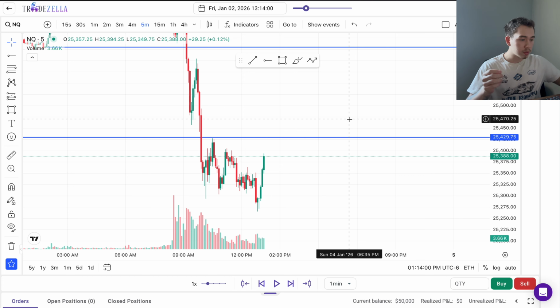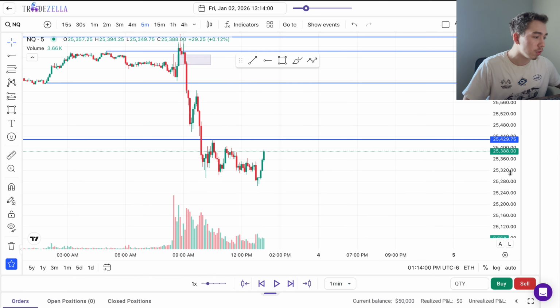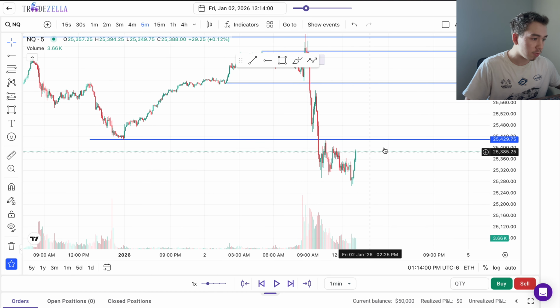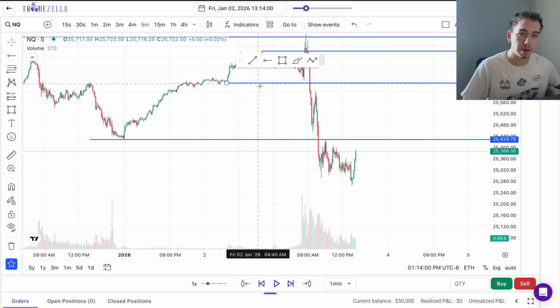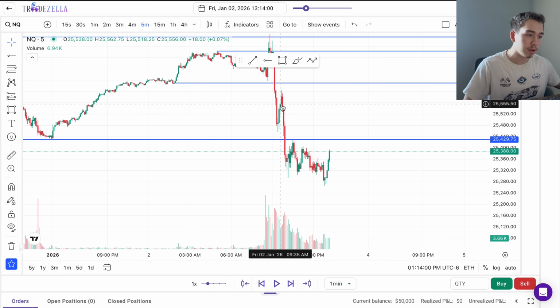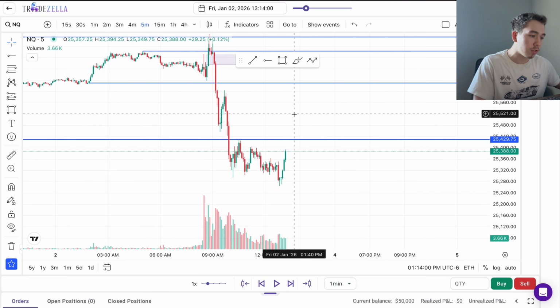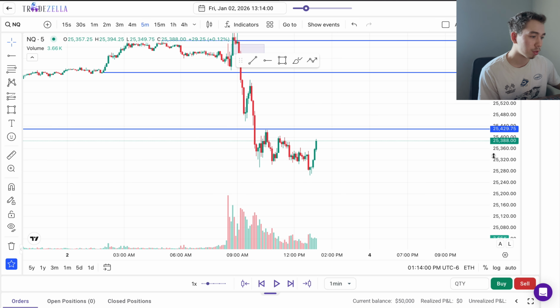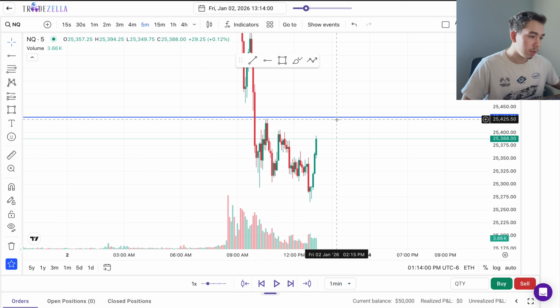Another thing I want to go into: if you don't have a drawn liquidity, you shouldn't be trading. If you're just pushing in one direction and you have nothing to target, why are you trading it? Because all you're doing is guessing where the market wants to go.